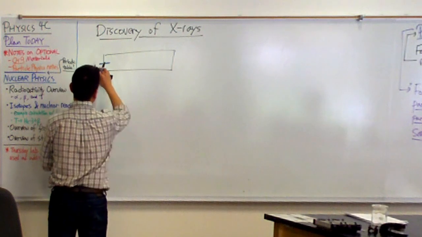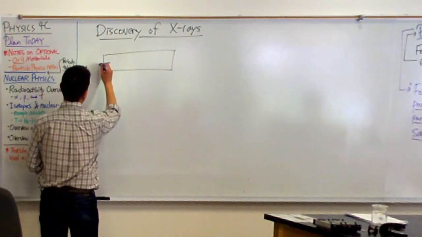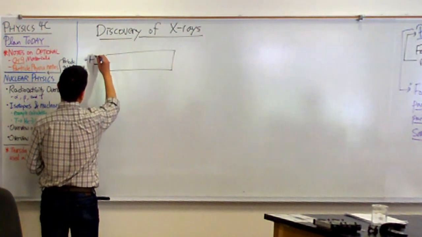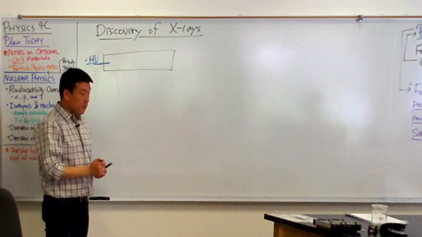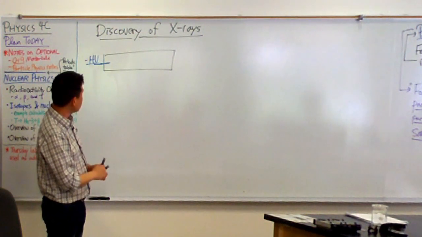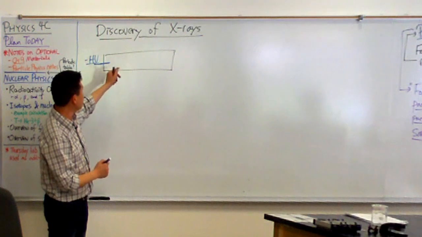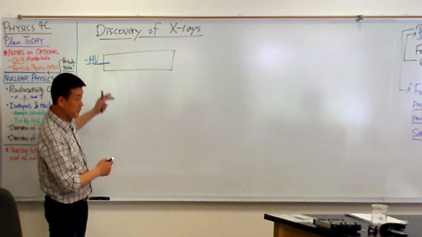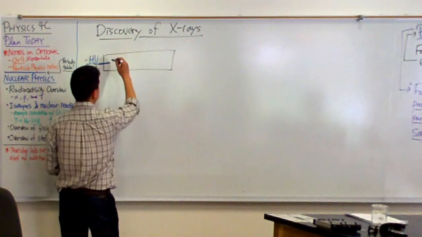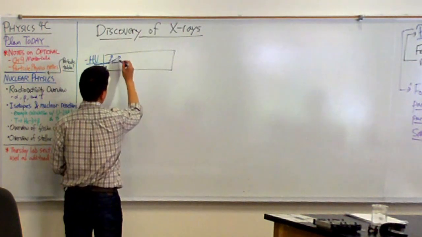So you hook this up to some negative high voltage thing. Then what people figured out is that there are some kind of particles emanating from this cathode. If you charge it negatively enough, then there are just particles that kind of come out of it.